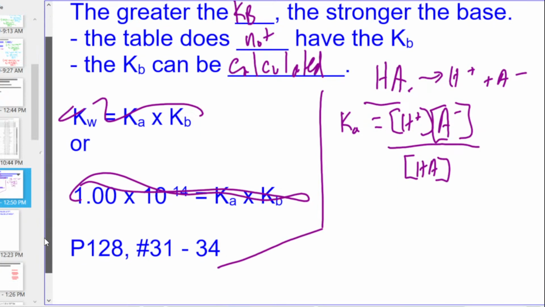Now, that's the generic formula for any weak acid. Now I would like you to write the same formula for the Kb for the generic weak base A minus. So Kb would equal, I'm going to do that in a different color to make it obvious. Kb would equal what? Someone else.